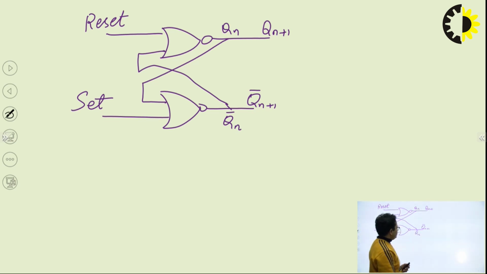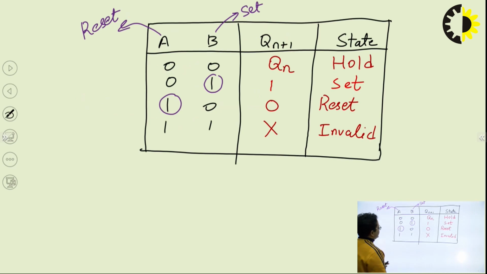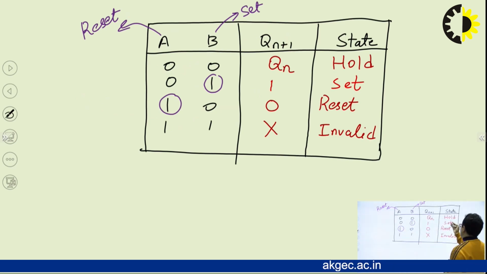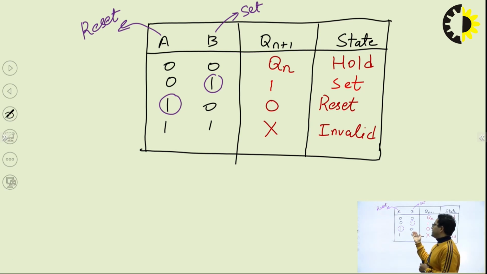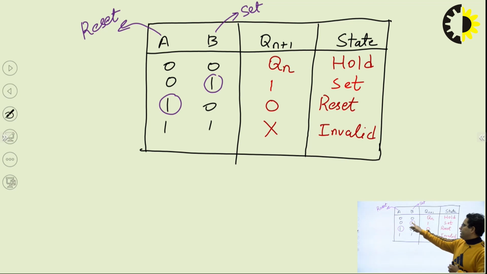Fine. Now let us try to build some more concept, like how we can say that it is a hold or it is an invalid state. We have considered the input, that means terminals, that are going to react only for a value 1. So let us see how we are saying hold and invalid state. We have given the name reset to A and set to B. Now let us visualize the term hold.